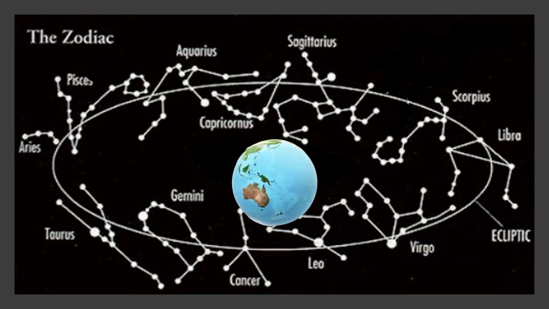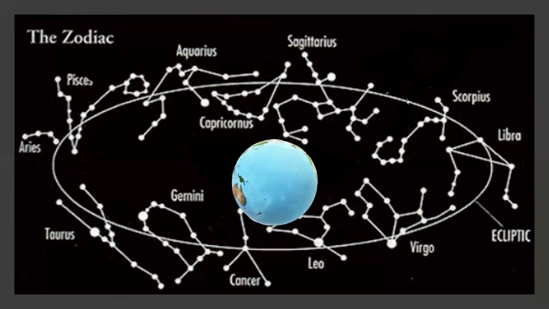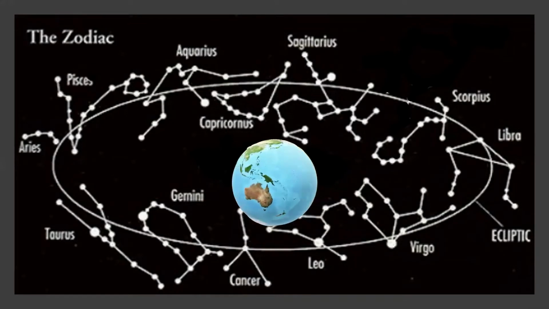Because of this, for someone on a fixed point on Earth, the stars appear to be moving even though they are fixed. By the time 24 hours goes by, a person sitting at a fixed point on Earth and looking at the eastern horizon would theoretically be able to see all 12 signs of the zodiac appear at the eastern point over a 24-hour period.